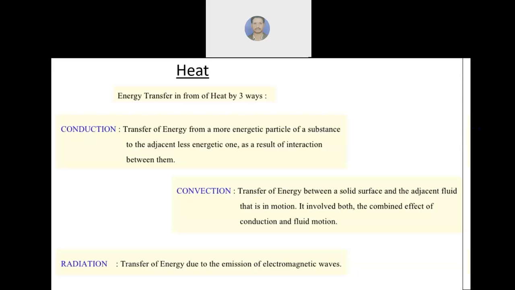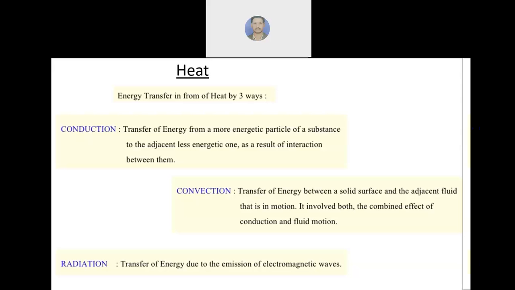Third one is radiation. Radiation doesn't require any medium. If a medium is there, no problem, but if a medium is not there, it can still take place. How? Due to the emission of electromagnetic waves. The energy transfers due to the emission of electromagnetic waves. This is radiation.